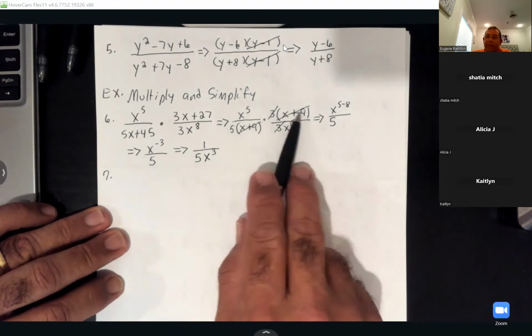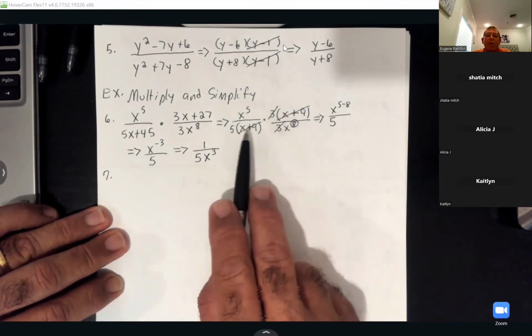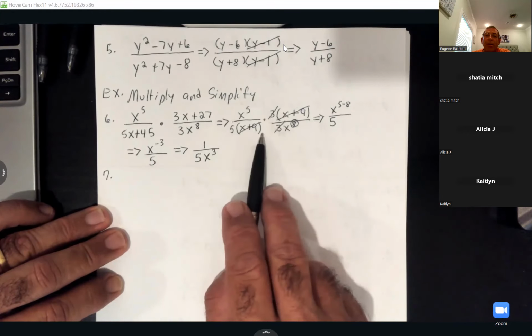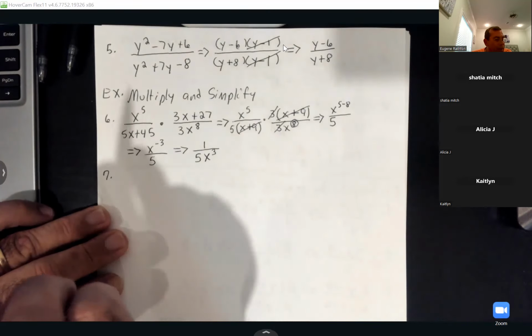Now, are you noticing? Any factor on either one of these tops will cancel with the same factor on either one of these bottoms. Okay? So number 7 here.